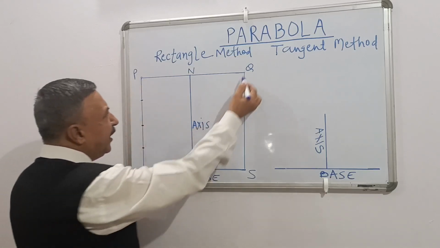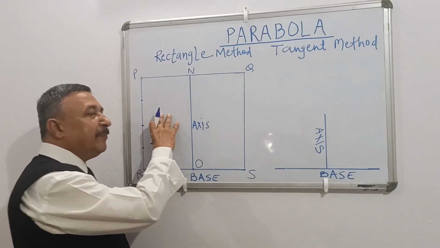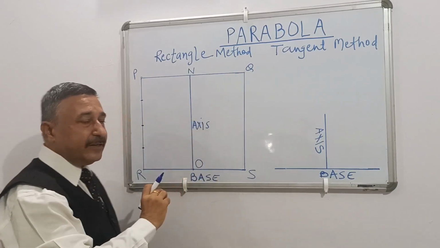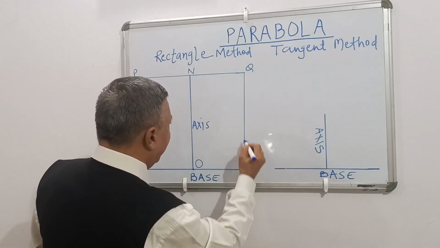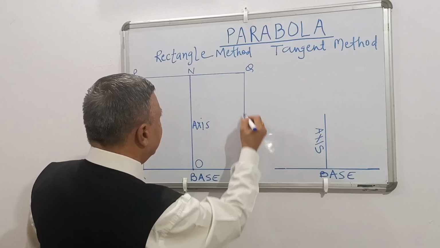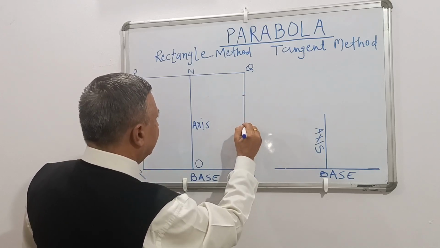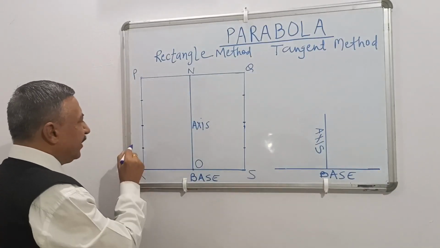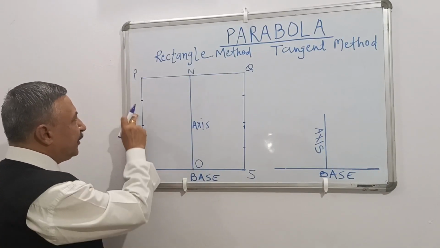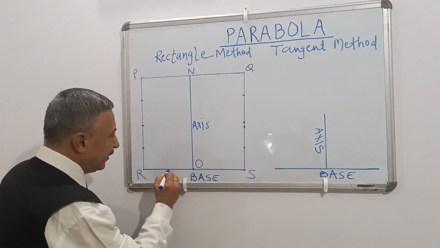This distance PR and this distance Q are the same, so whatever method we apply here, we can apply there. In the same way we take parts here, 1, 2, 3, 4. This and this distance are divided into 4 equal parts.